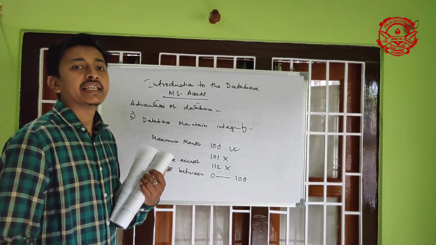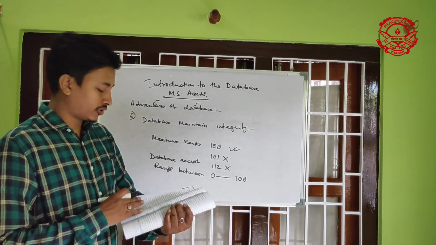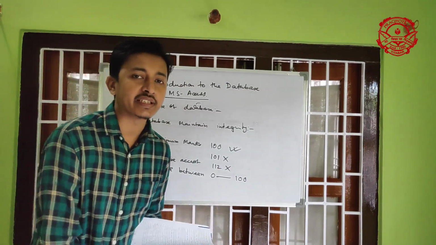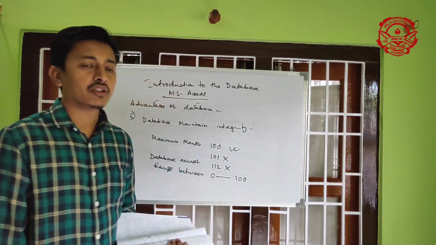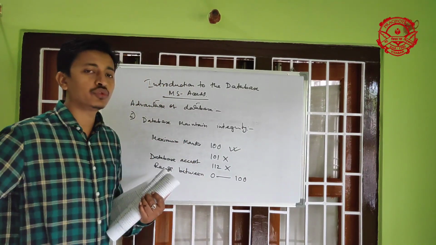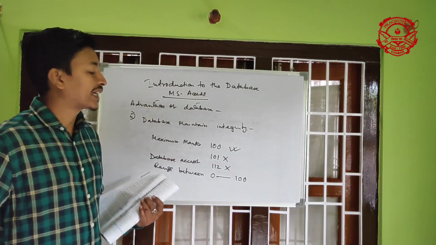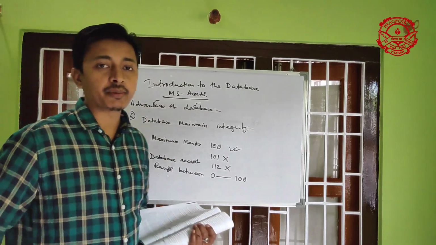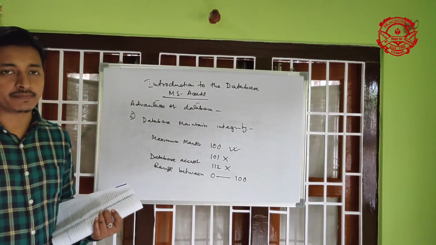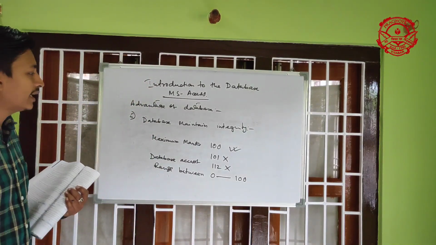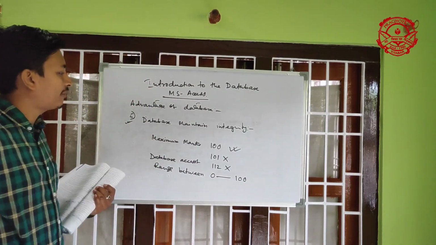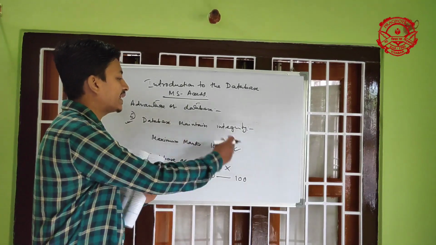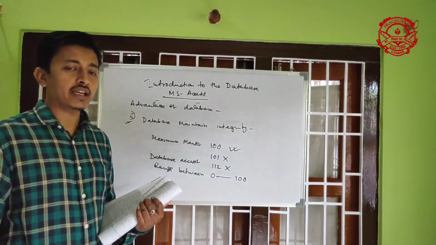So that is the integrity of the database. That's why every company uses a database, so that they get the integrity and the honesty of information. So this is the sixth advantage of the database: the database maintains integrity.